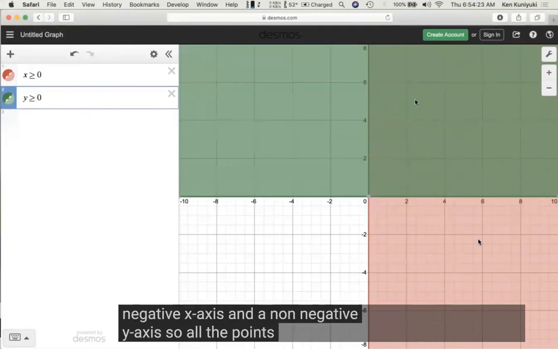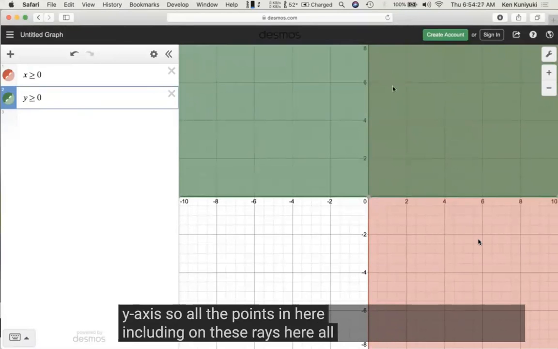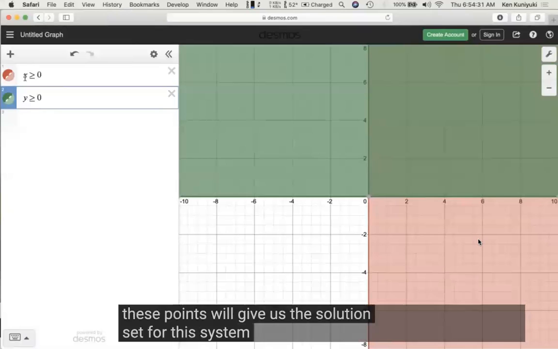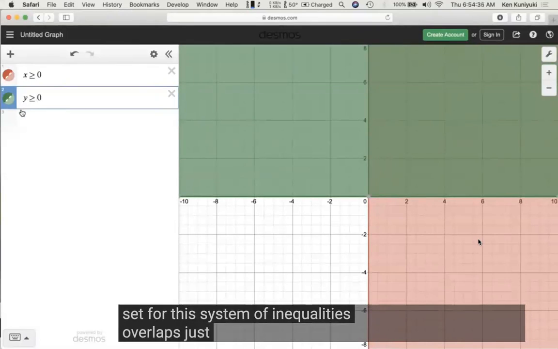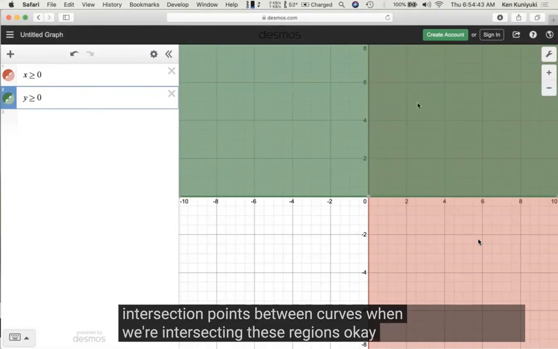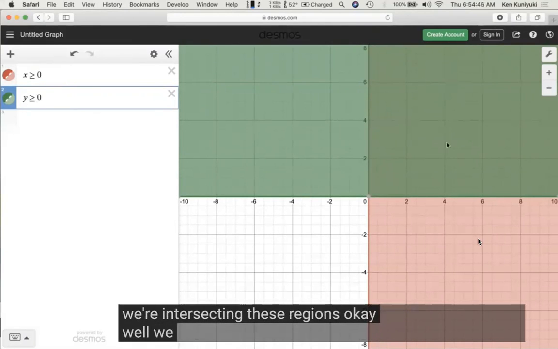So all the points in here, including on these rays, will give us the solution set for this system of inequalities. Just like if we dealt with curves, we wanted the overlaps or intersection points between curves. When we're intersecting these regions, we get a region of intersection here, which is the solution to the system of inequalities.